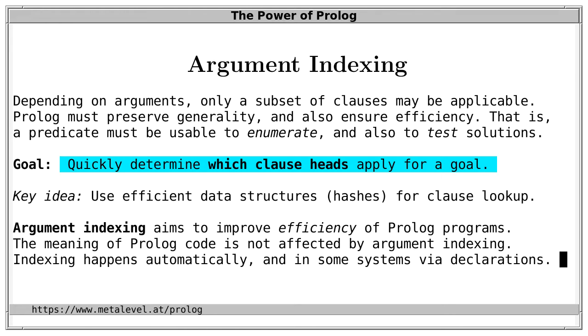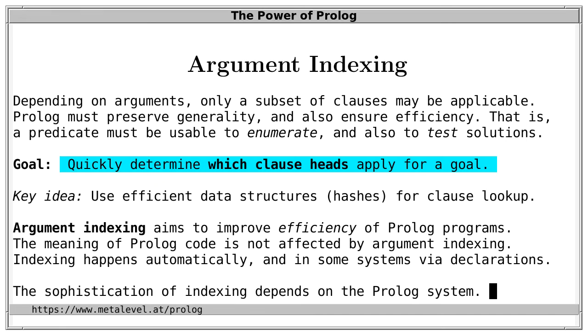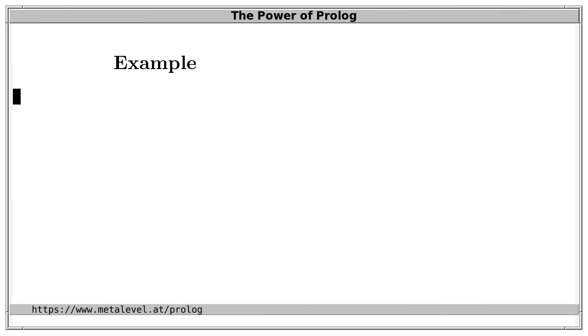However, in some Prolog systems, declarations are necessary to benefit from the full potential of indexing, and that's again similar to database systems. And in general, the sophistication of indexing depends on the Prolog system. So it's always good to read the system documentation to find out what we can expect from a given Prolog system. So let's consider an example.